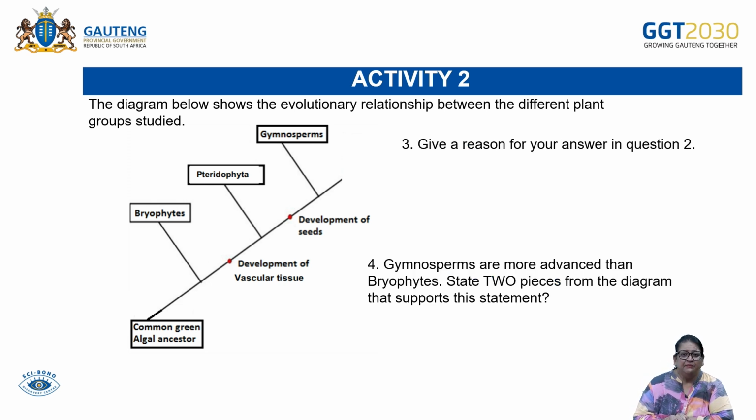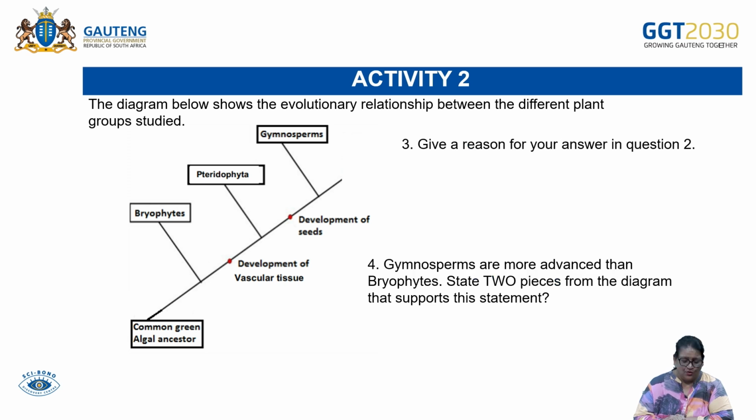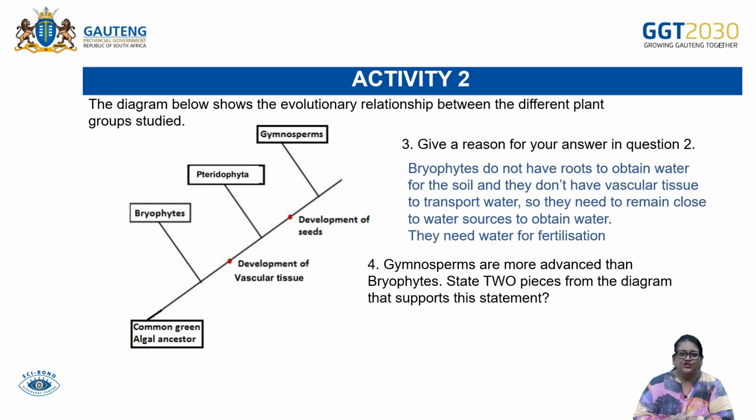Using the same diagram, give a reason for your answer in question 2, which was: why are bryophytes or moss least suited for life on land? Bryophytes do not have roots to obtain water from the soil. They don't have vascular tissue to transport water. So they need to remain close to the water in the ground, in damp soil, to obtain water, and they need water for fertilization.